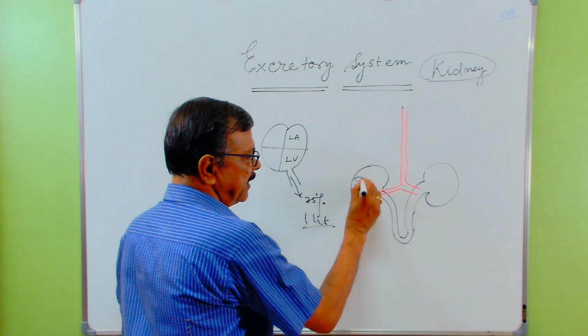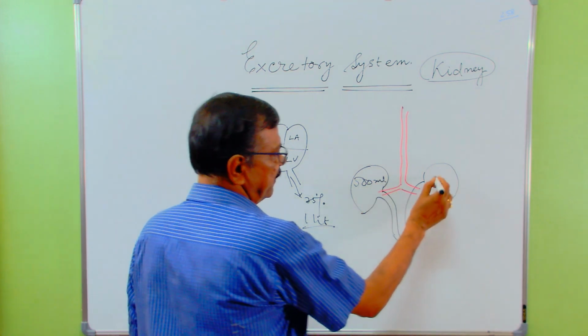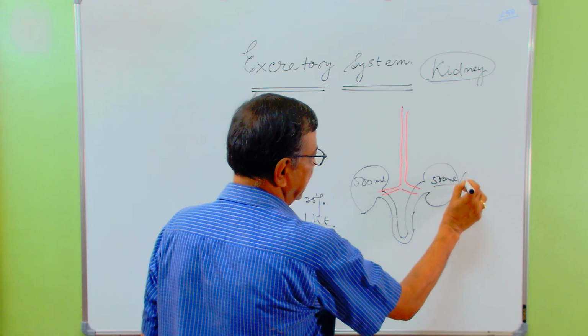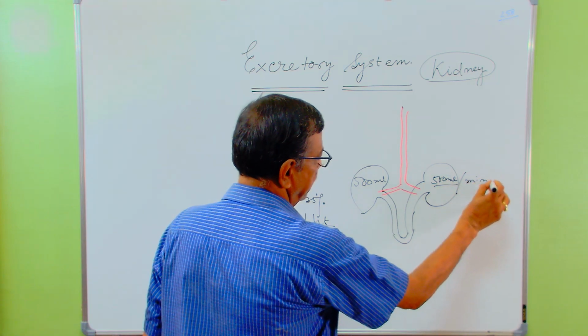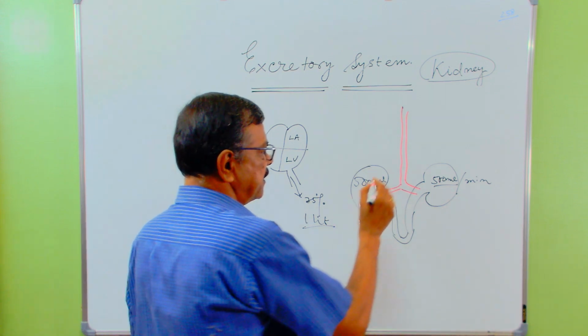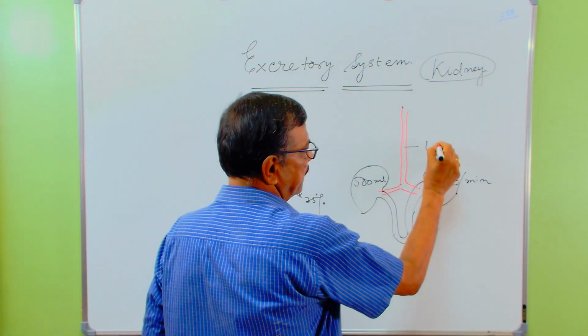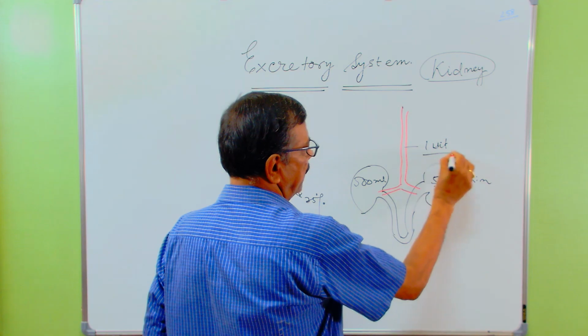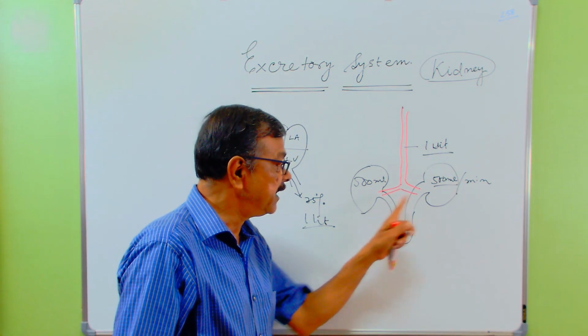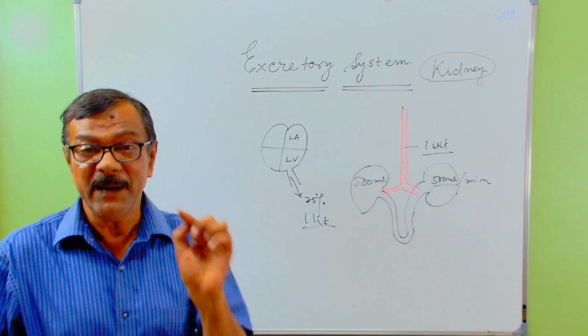This kidney receives 500 ml and this one 500 ml per minute. So 1 liter of blood is supplied to the kidneys per minute.